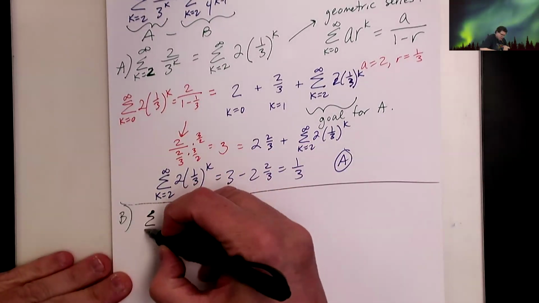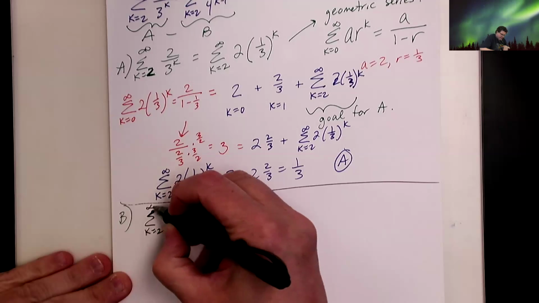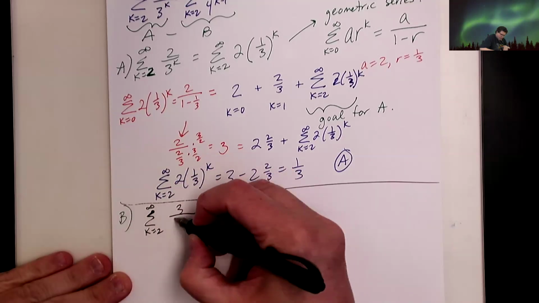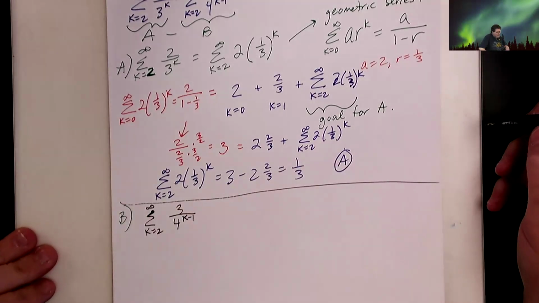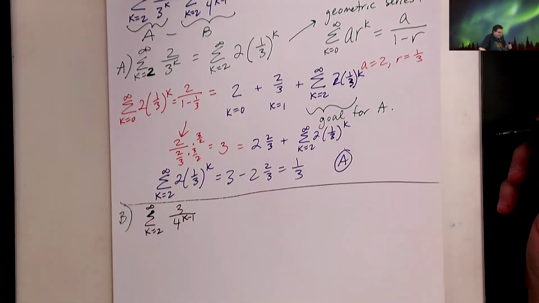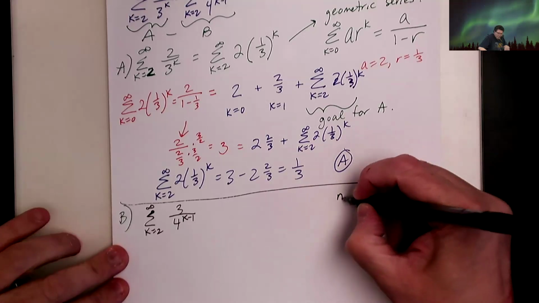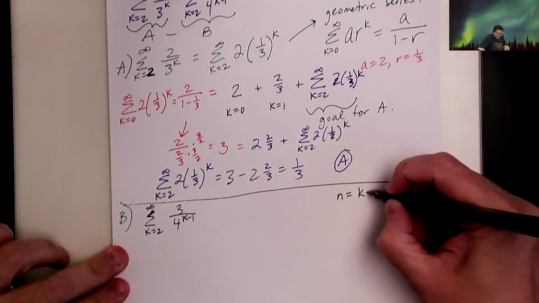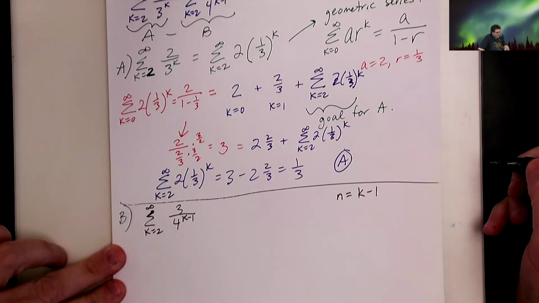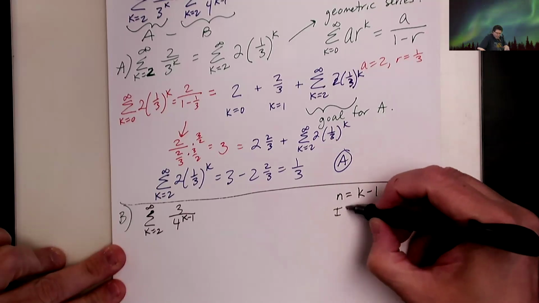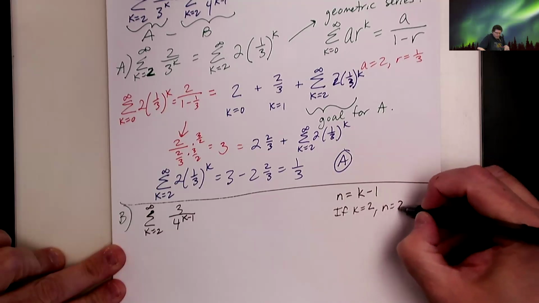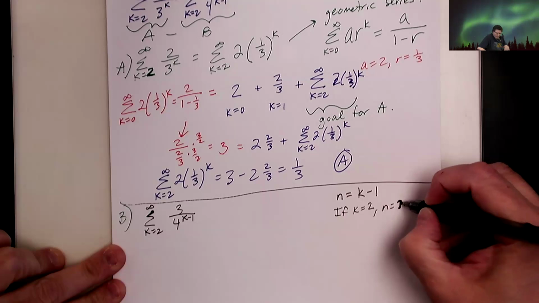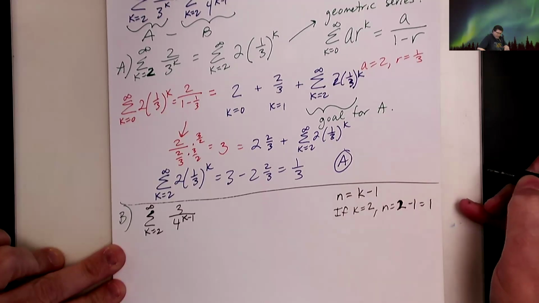If we're doing k equals 2 to infinity of 3/4 to the k minus 1, I don't like that k minus 1. It's throwing off how I'm thinking. So I'm going to change it to n. I'm going to say n equals k minus 1. And that means if k equals 2, n equals 2 minus 1, which is 1.